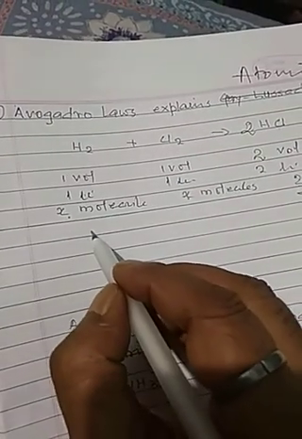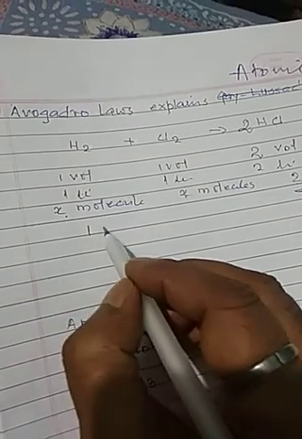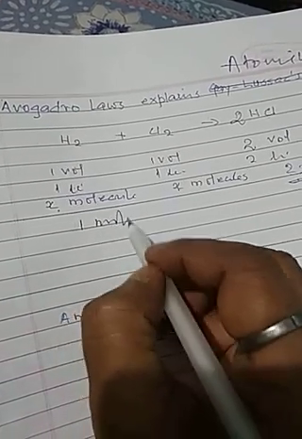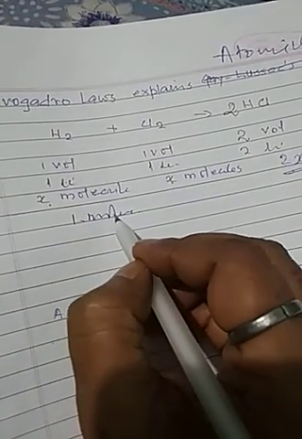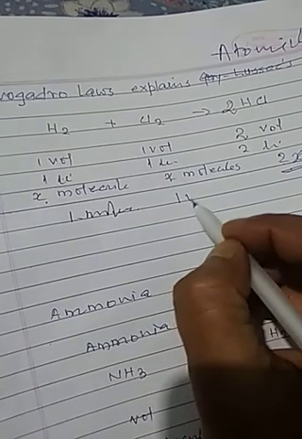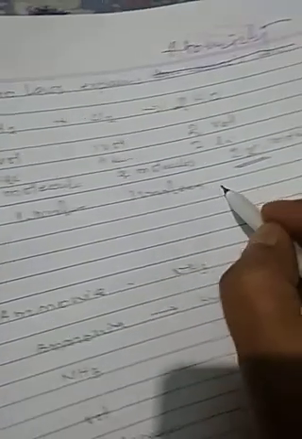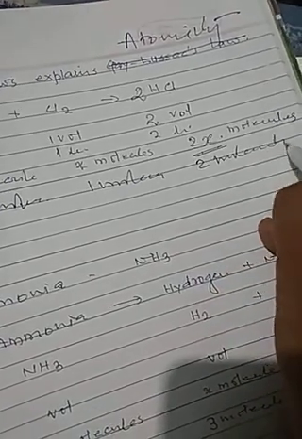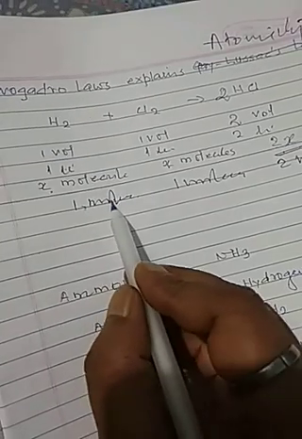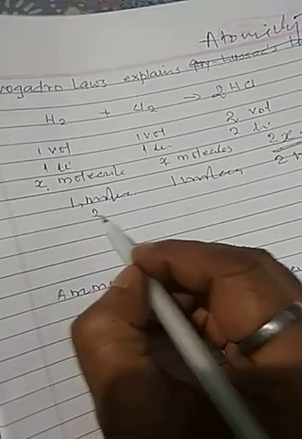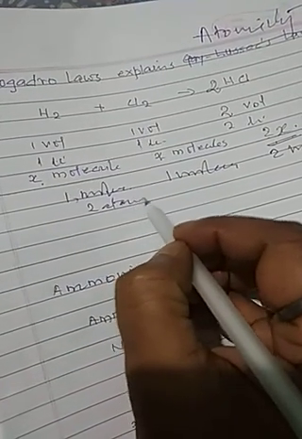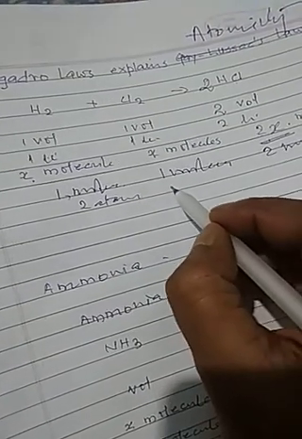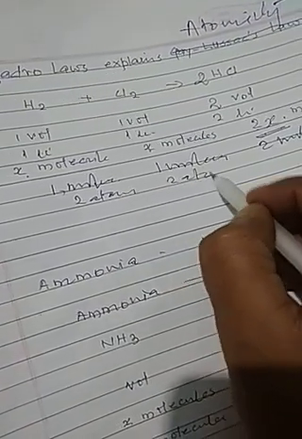If it is 1 molecule, then 1 molecule of hydrogen, 1 molecule of chlorine combines to form 2 molecules of HCl. 1 molecule contains 2 atoms of hydrogen, 2 atoms of chlorine.